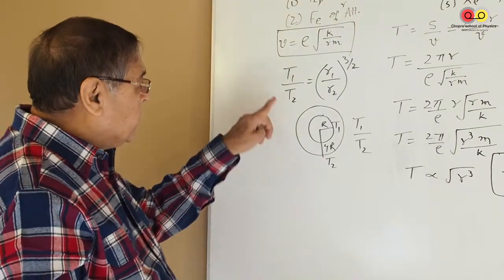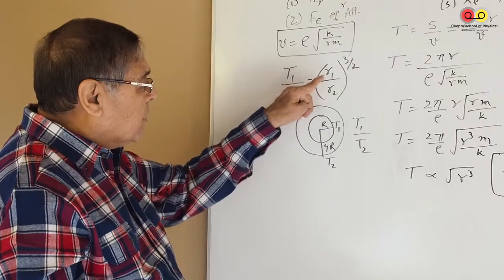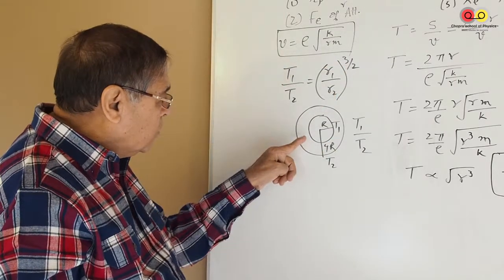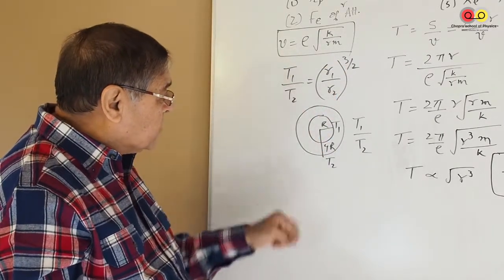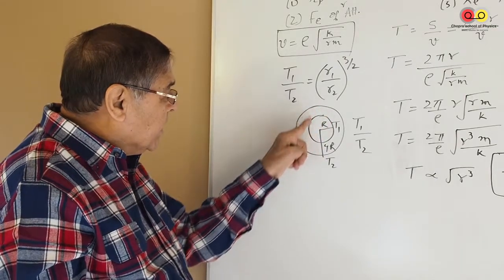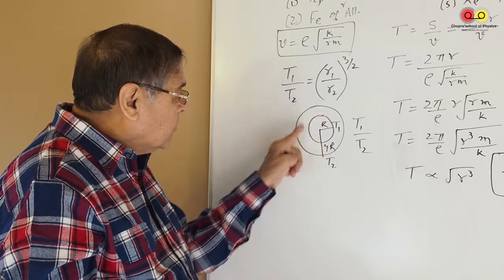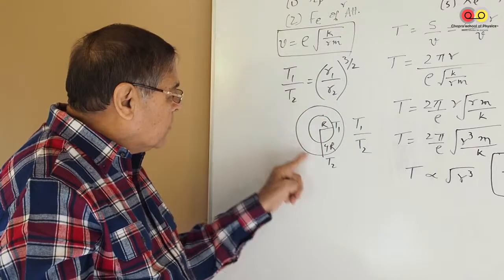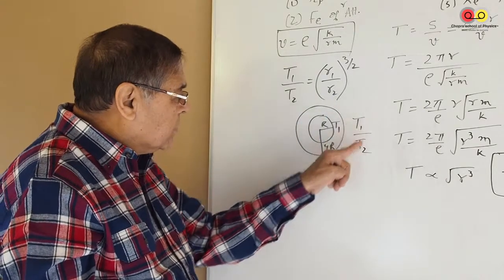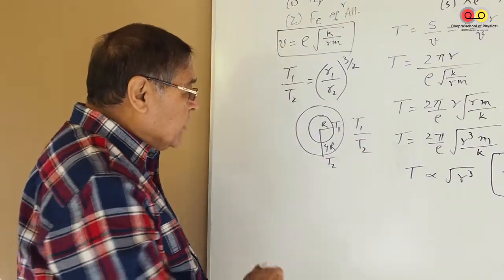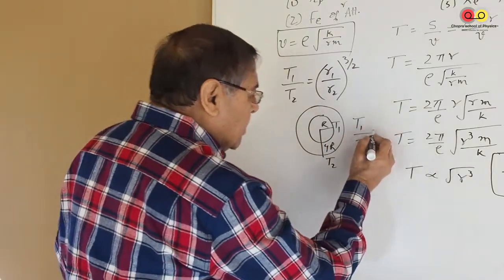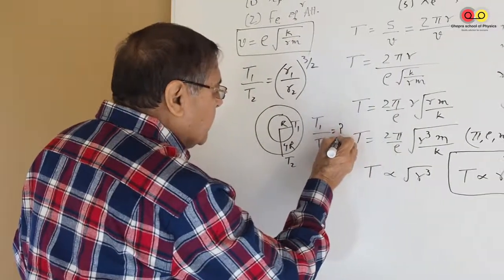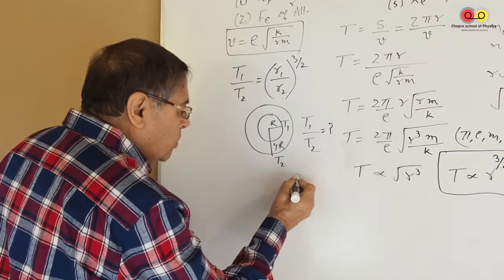So that's why now it is T1 by T2 equals R1 by R2 to the power 3 by 2. Our question is of this pattern: the inner radius of electron revolution is R, the outer orbit is 4R, find T1 over T2. If we want to find this number, what should we do?